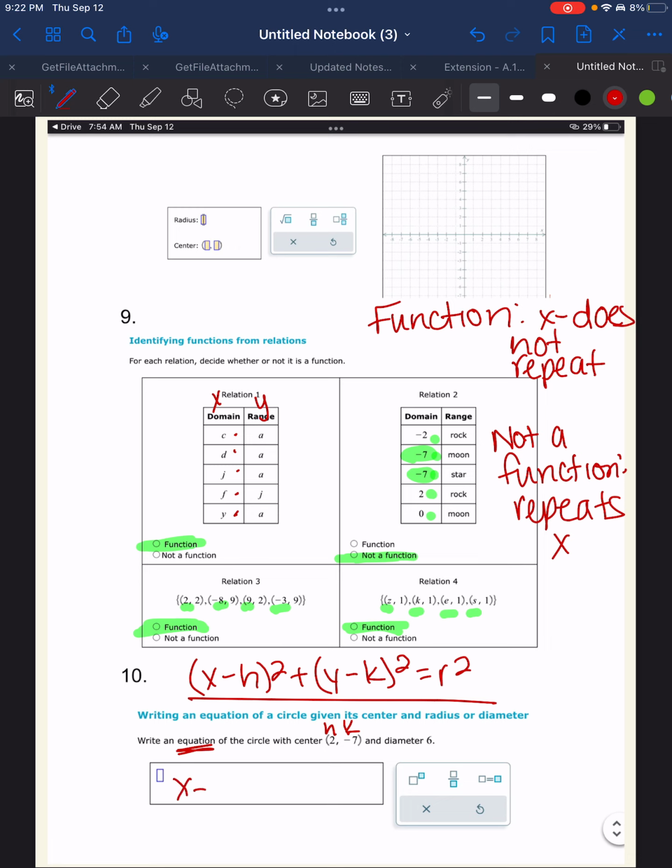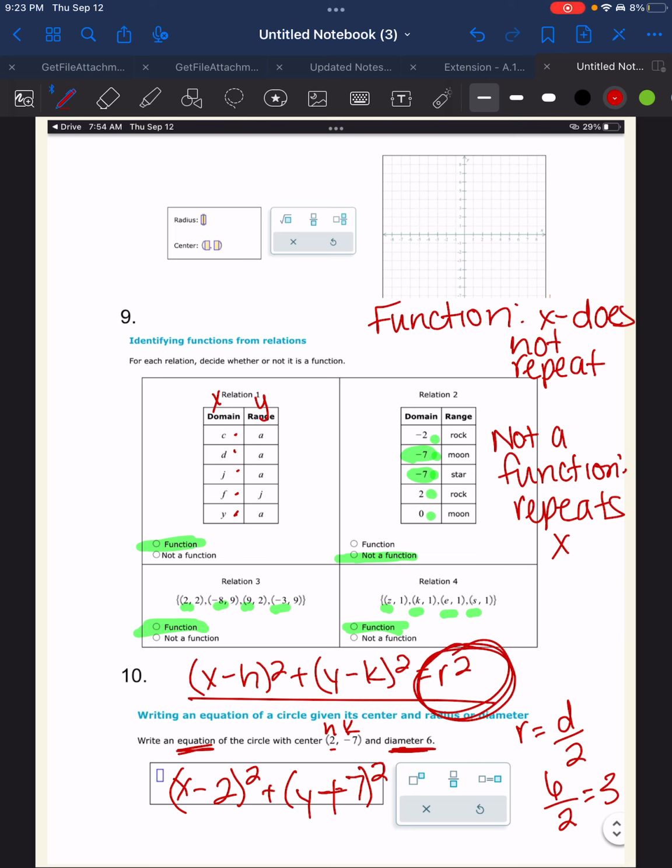X minus h, which is 2 squared, plus y minus k. Well, k is negative 7. Oh, a negative and a negative makes a positive. Now, I want the radius squared. They told me the diameter. If I need the radius, that means I'm going to take the diameter and divide it by 2. So what's 6 divided by 2? 3. That's my radius, but I want radius squared. Well, 3 squared is 9.